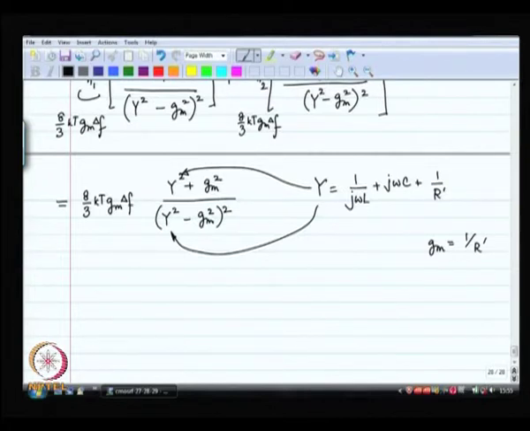All right. So, let us say that G m is the same as 1 over r. Do you get noise? Is this quantity of noise large or small?